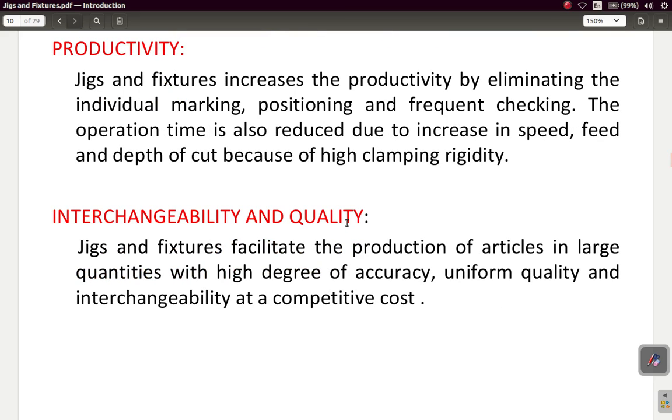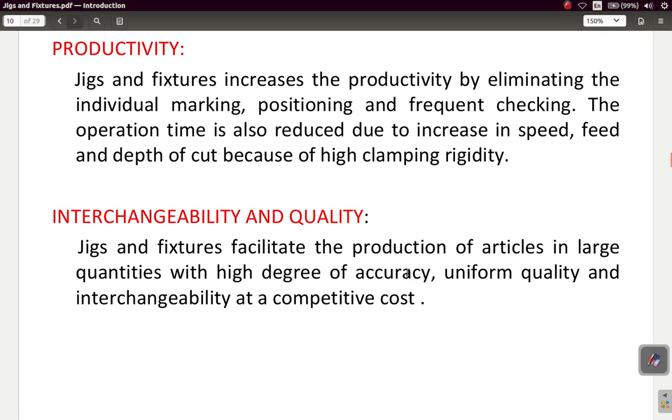Interchangeability and quality. Jigs and fixtures facilitate the production of articles in large quantities with a high degree of accuracy, uniform quality, and interchangeability at a competitive cost. Accuracy means as exact as you can get it to the measurement that you want.